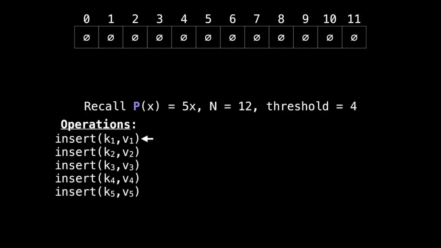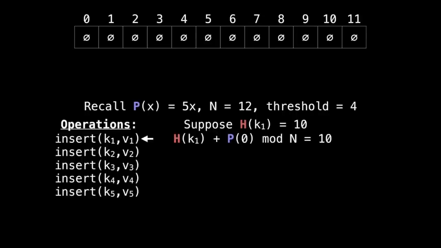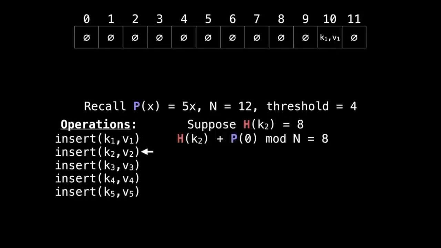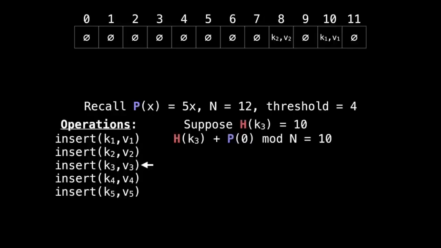Alright, so let's go with inserting the first guy. Suppose that k1 has a hash value of 10, then at index 10 we have to put k1 v1. Suppose k2 has a hash value of 8, then slot 8 is free, so let's pop those right in there.